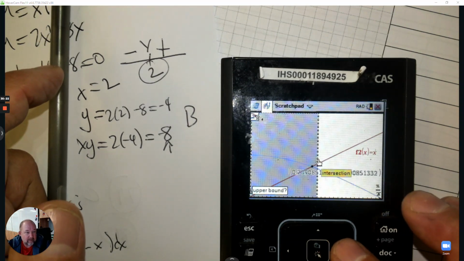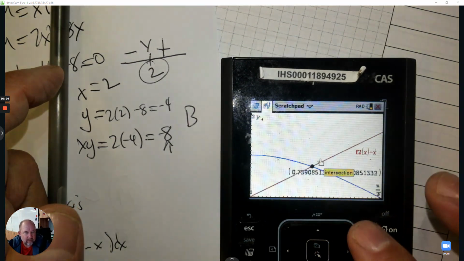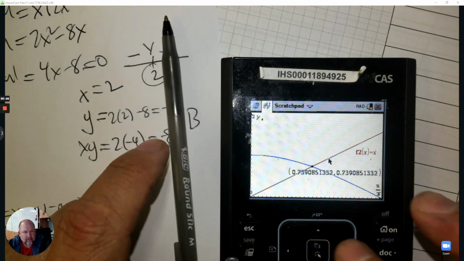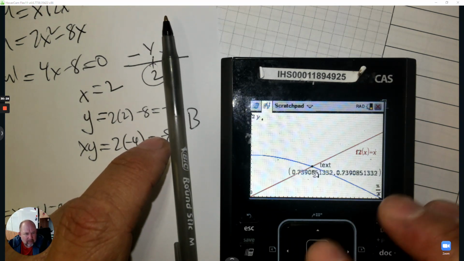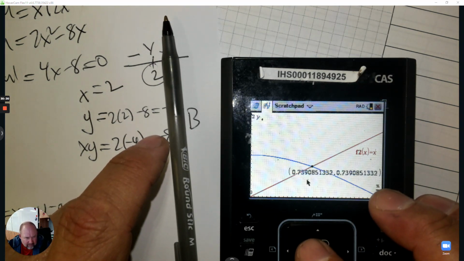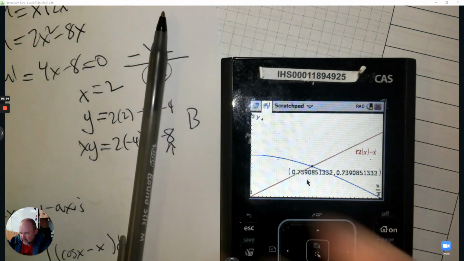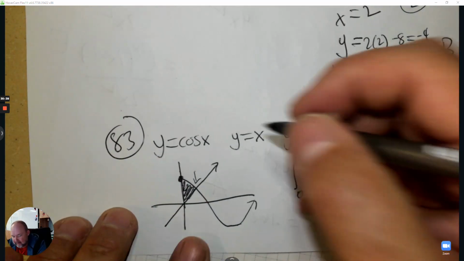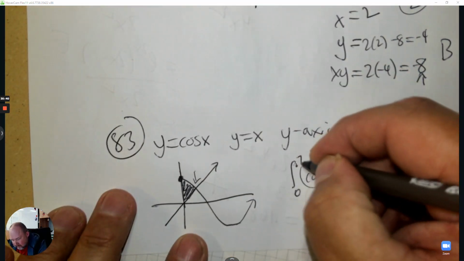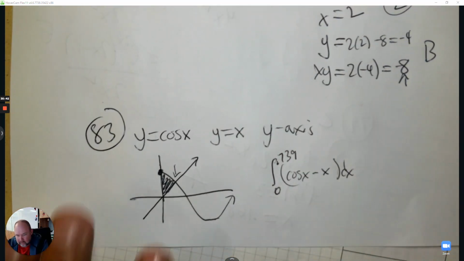Okay. Well, finally, it did it. It was hesitating. Anyways, the point of intersection is 0.739. Do you see that? 0.739. So we're going to put that here. We'll actually let the calculator do it from the graph.